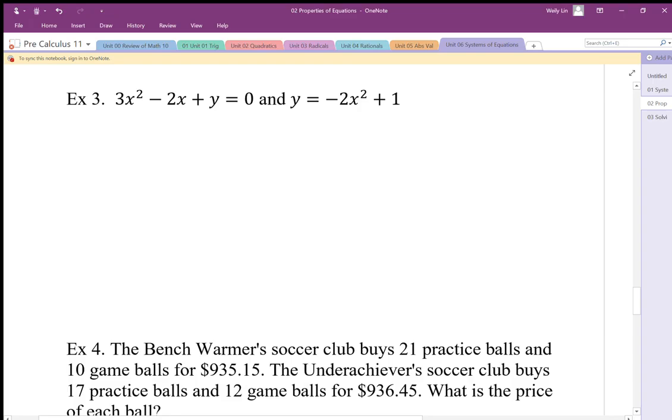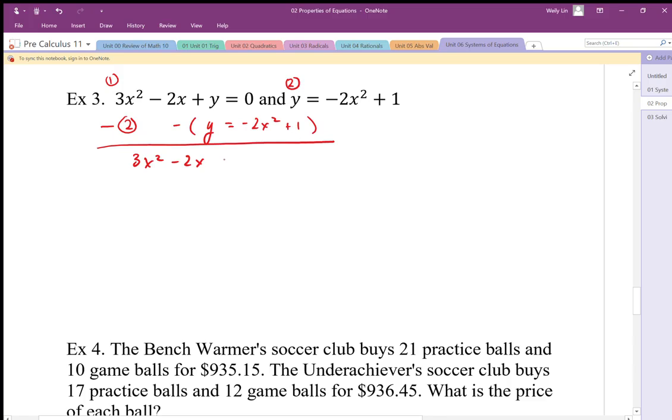Okay, so I'm going to label my equations 1 and 2. So I'm going to subtract equation 2. So it's going to be y equals negative 2x squared plus 1. So I'm going to take away that equation. 3x squared minus 2x.